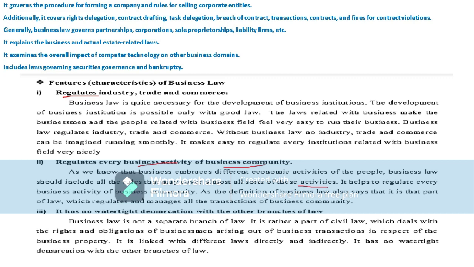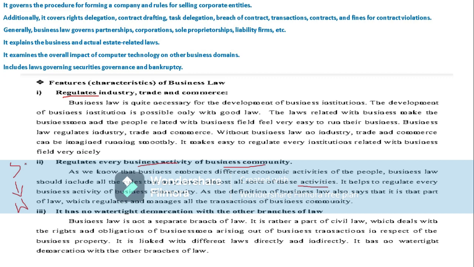As we studied before, business laws apply from the starting of the business to the winding up of the business. Each and every aspect is involved with business laws. For example, if we are at the starting stage of a business, definitely we have to know about the incorporation of a company.